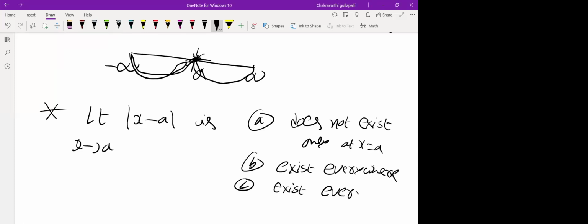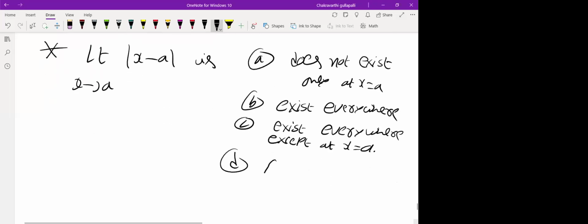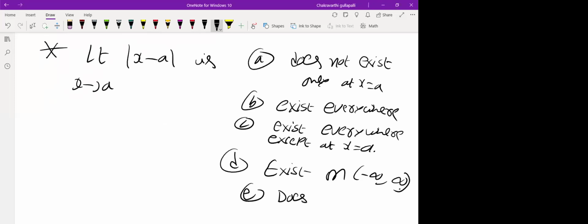Exist everywhere except at x equal to a. Exist on... does not exist on R. Good question.